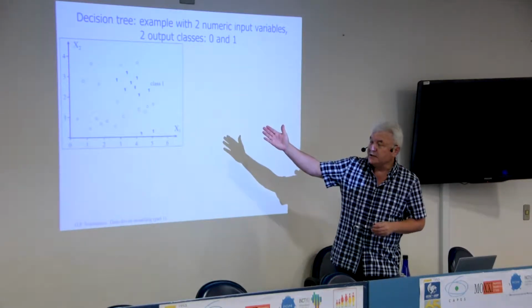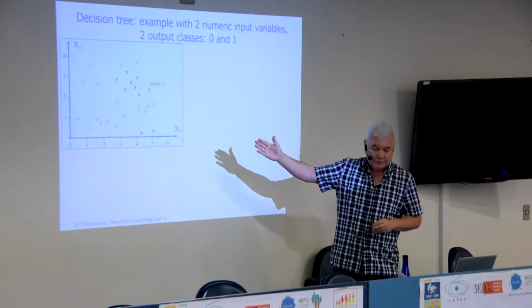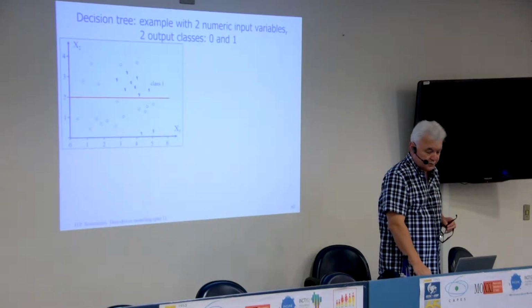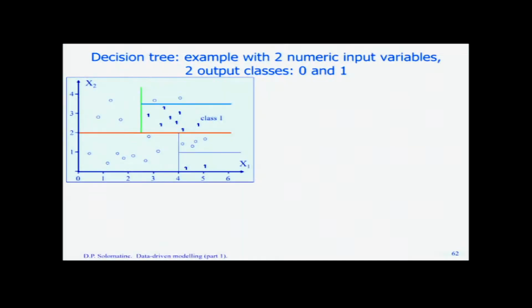And data for training this model we have on the screen. If you remember, we were building a tree, splitting space into blocks, and every time trying to keep in one block only examples belonging to the same class. That was the basic idea of building this tree.